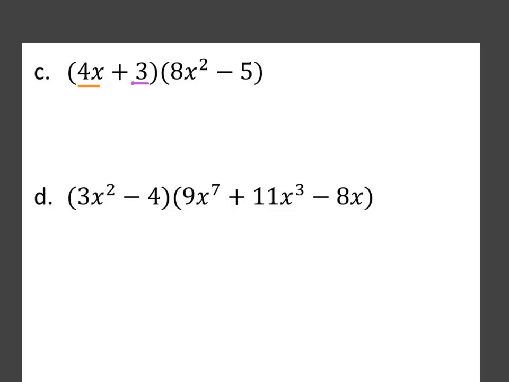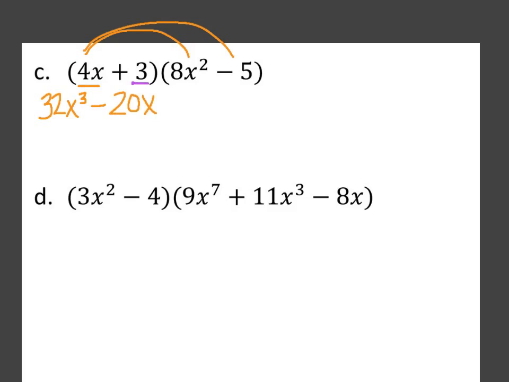So first let's do the 4x. 4x times 8x squared. 4 times 8 is going to give me 32. And x times an x squared is going to give me x to the power 3. Then I'm going to take 4x times negative 5, which will give me negative 20x. So I've distributed the 4x.